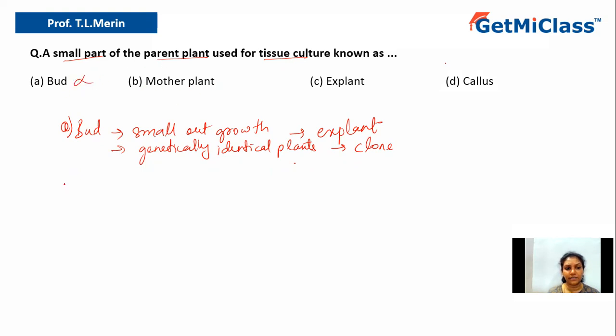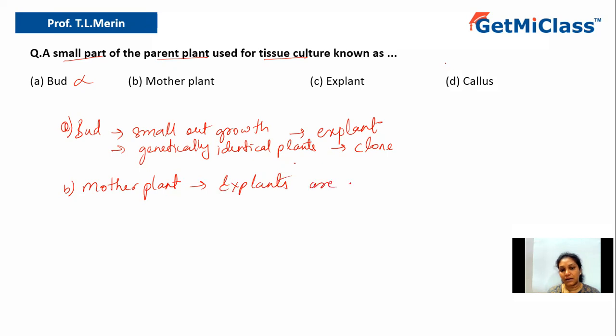Option B says mother plant. So what is a mother plant? Mother plant is the plant from which the tissue for culturing has been taken. This is the main plant, and from this we take the explant.